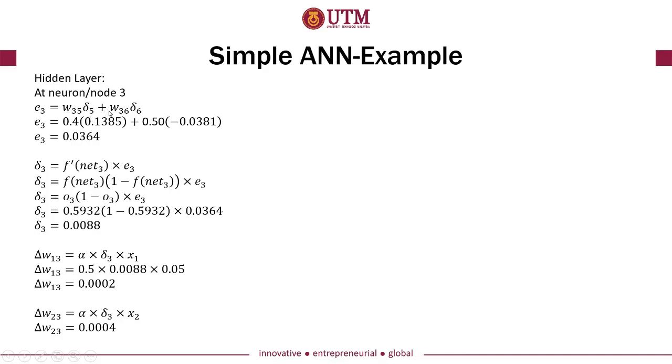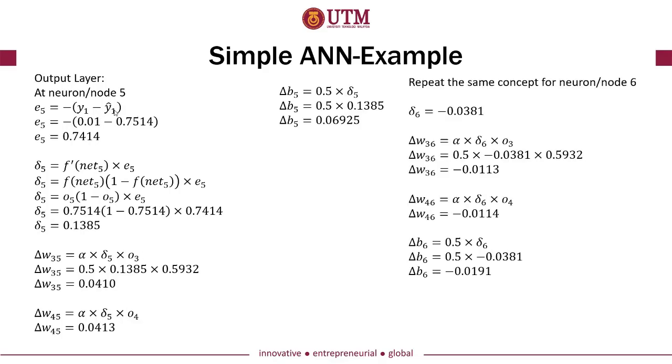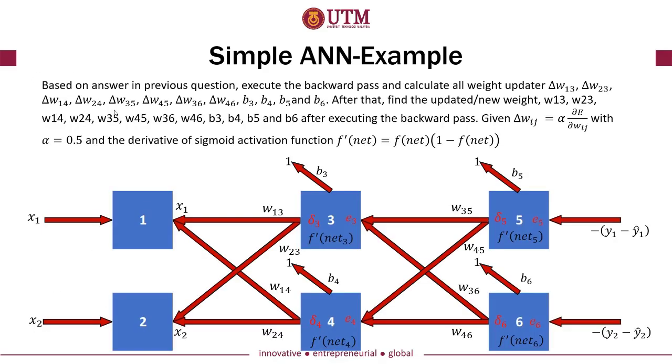Okay, you can see here, please do not update the W first. Let's find all the updaters first, and after you find all the updaters, then you need to update all the W. That's why in the questions I asked you to find all the updaters first. Once you find all the updaters, after that you update your W, because if you update earlier, you might make some careless mistake.